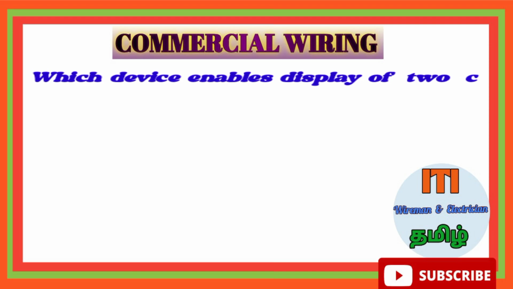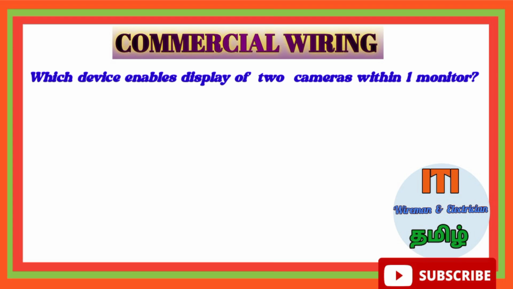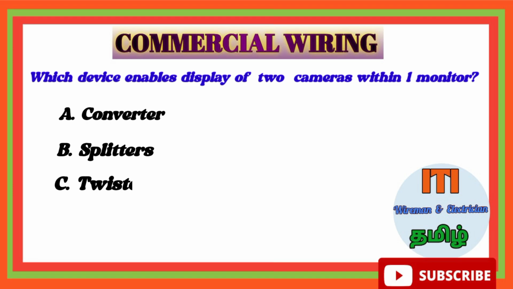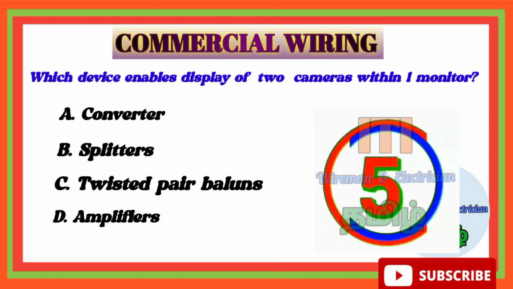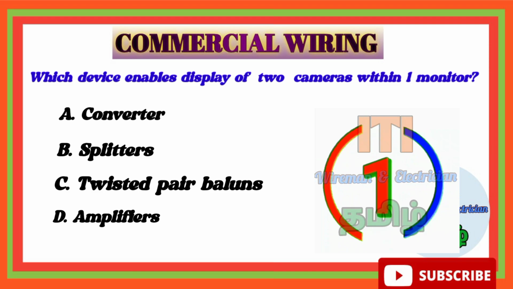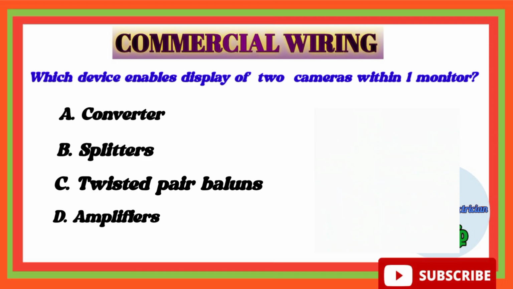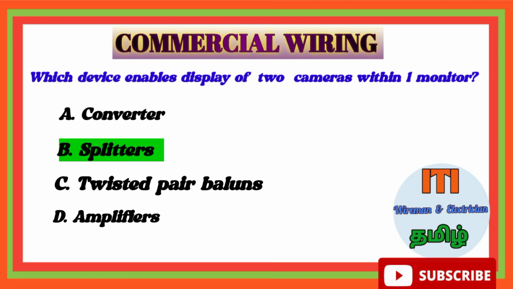Which device enables display of 2 cameras within one computer? Option A, converter. Option B, splitters. Option C, twisted pair baluns. Option D, amplifiers. Answer: option B, splitters.